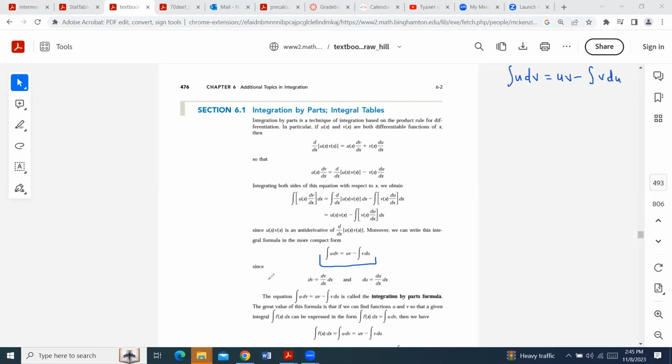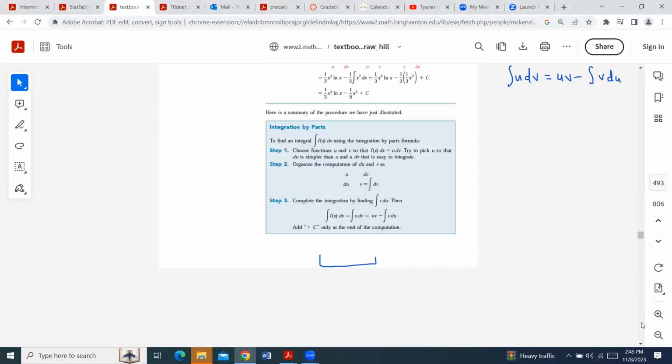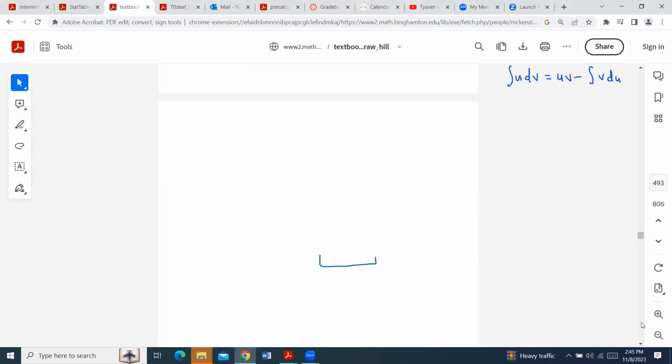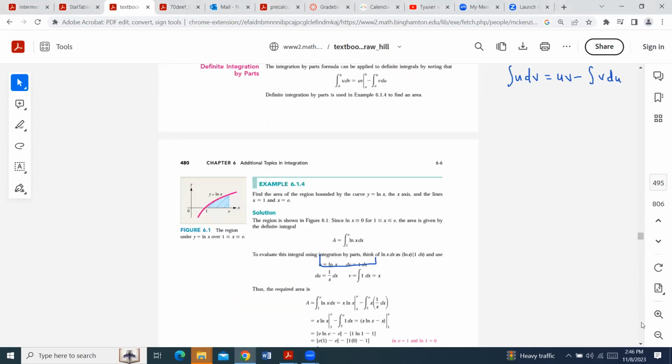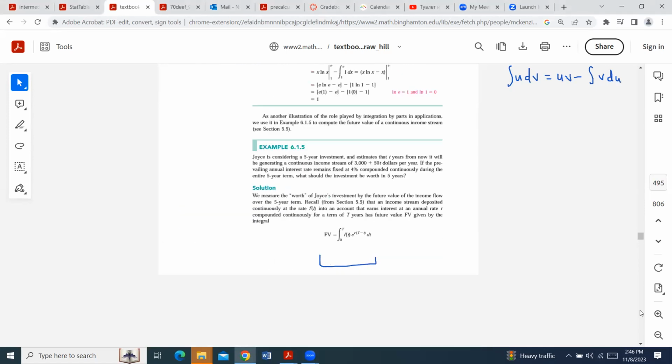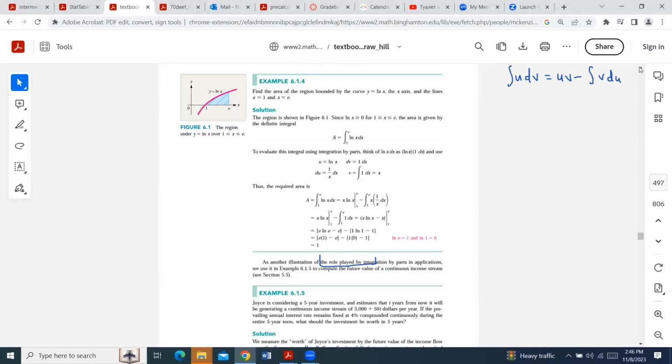You only have to use this formula if you cannot do the integration using substitution or some other method. But since there are various ways of doing the exercises, it's definitely helpful to see them. But sometimes this will be the only method that you can take.